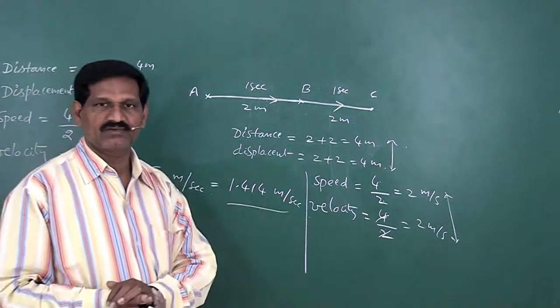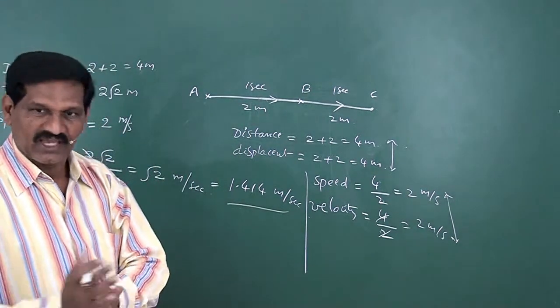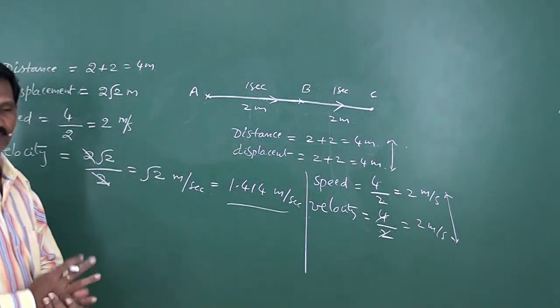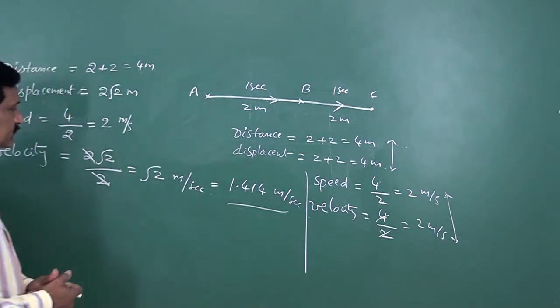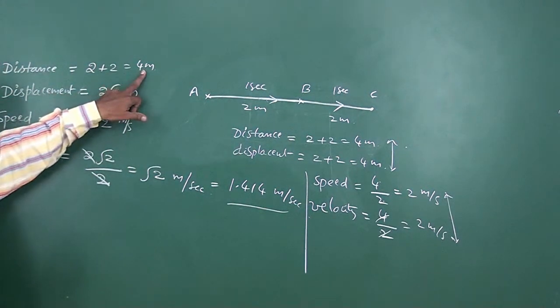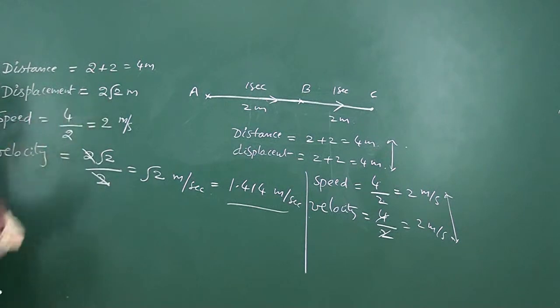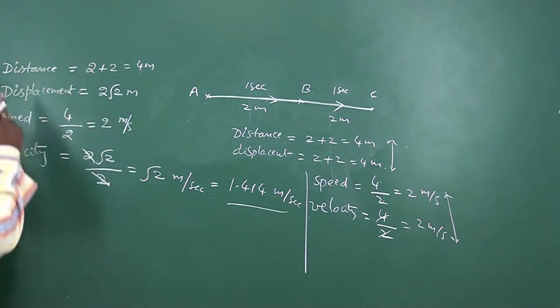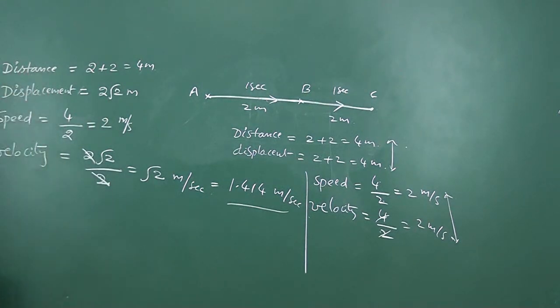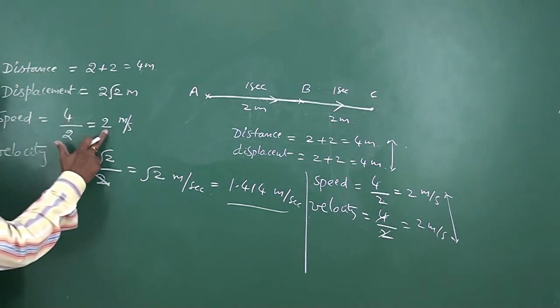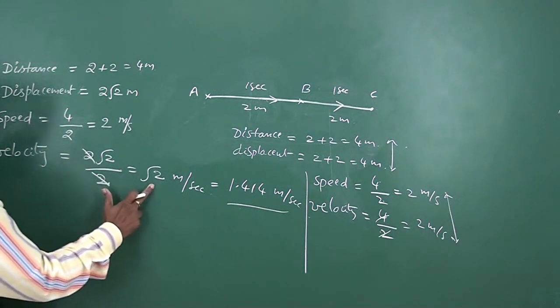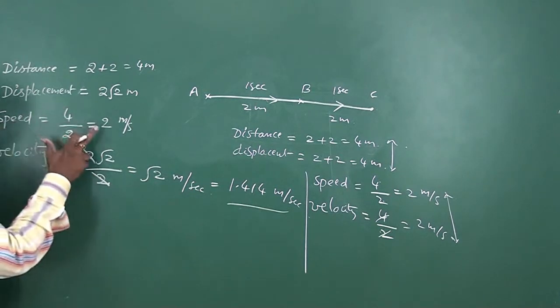Except in this case, if you take any other case, as in the previous example, in the previous example you have distance 4 meter, displacement 2 root 2 meter. That means distance is more than displacement. Speed is 2 meter per second, velocity is root 2. So speed is more than velocity.